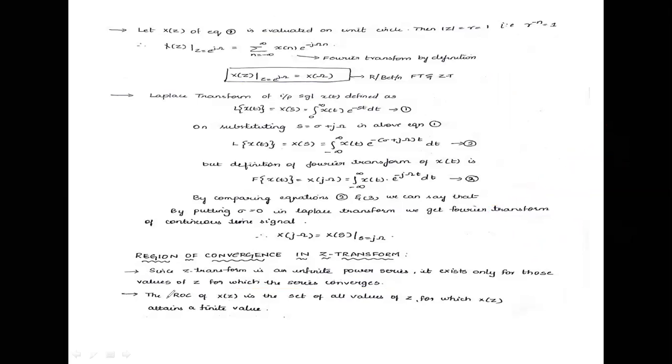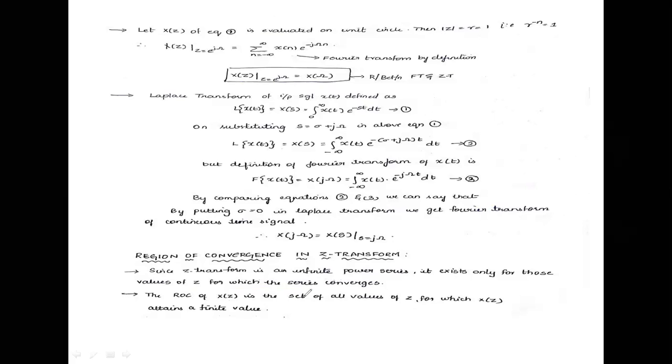Got it? And the second point says that the region of convergence of X of Z is the set of all values of Z for which X of Z gives a finite value when we substitute them, whether the region of convergence is greater than, less than, or in between.